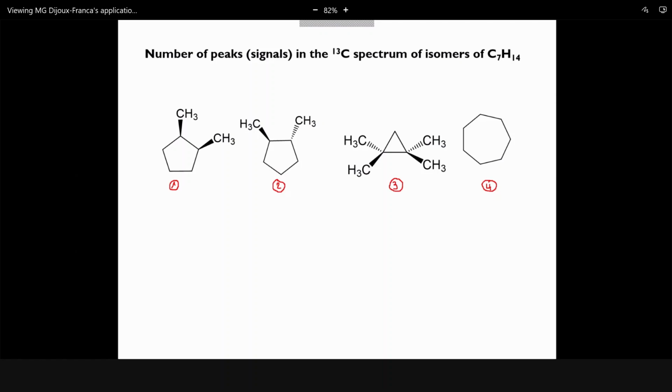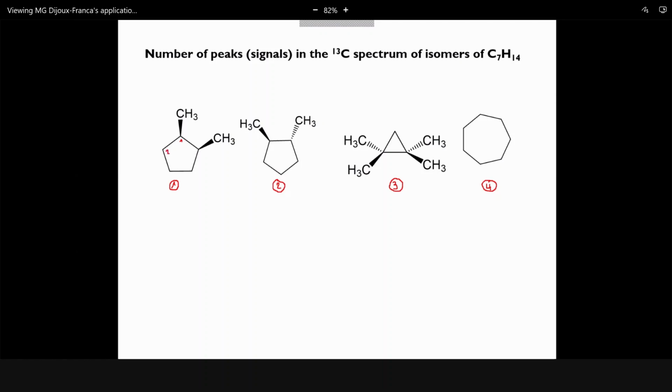If we consider the top carbon of the ring as position 1, then we have the signal of that one, the carbon next to it on the left, and the carbon furthest away above the ring.